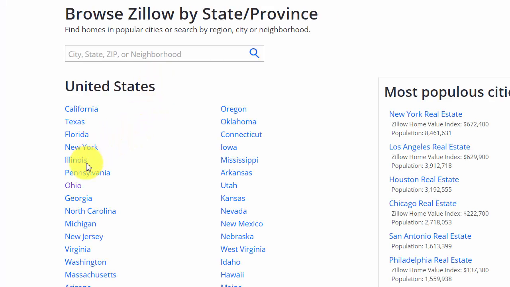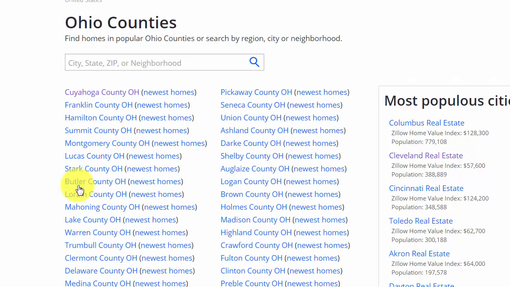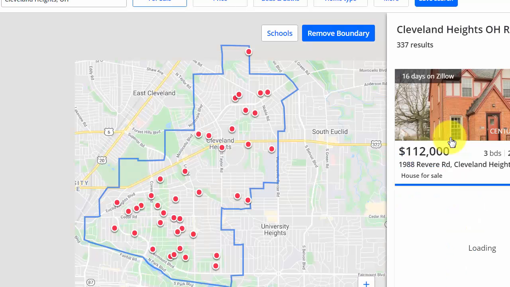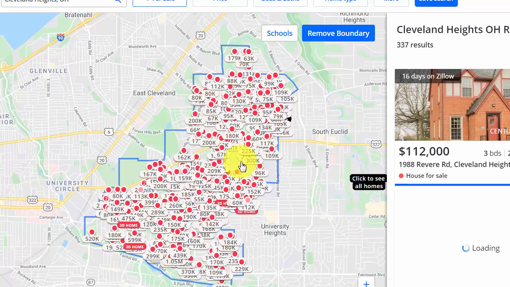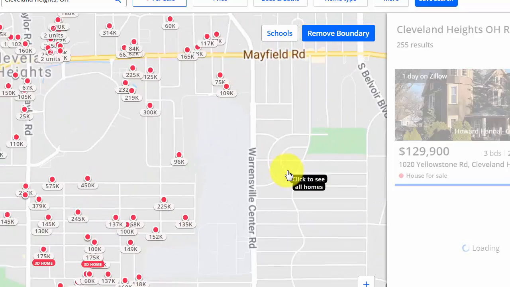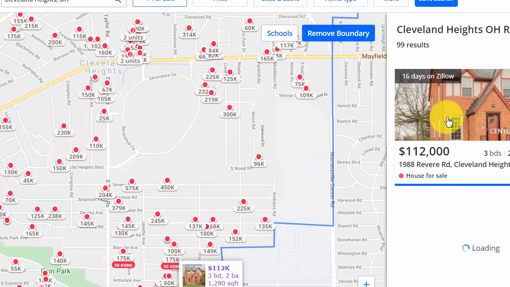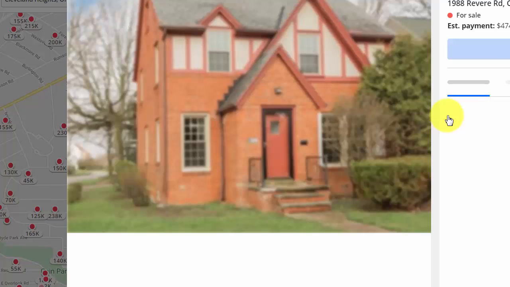When I do that, I'm going to pick, of course, in this area, Ohio, Cuyahoga County. If you know the zip code, you're fine there too, or in this case, I'm going to click on Cleveland Heights Real Estate. You'll see they already give us some property, but here's Cleveland Heights, and I'm going to zoom in to find the house that we're looking at, and that was this one.